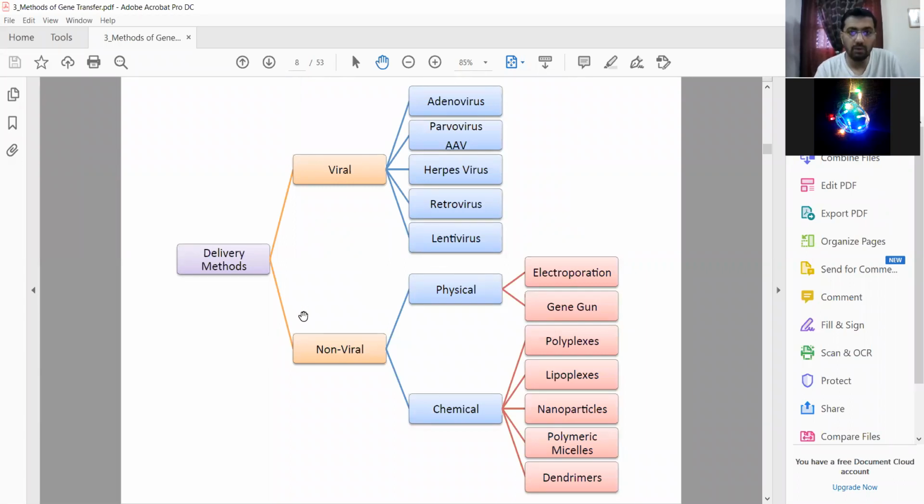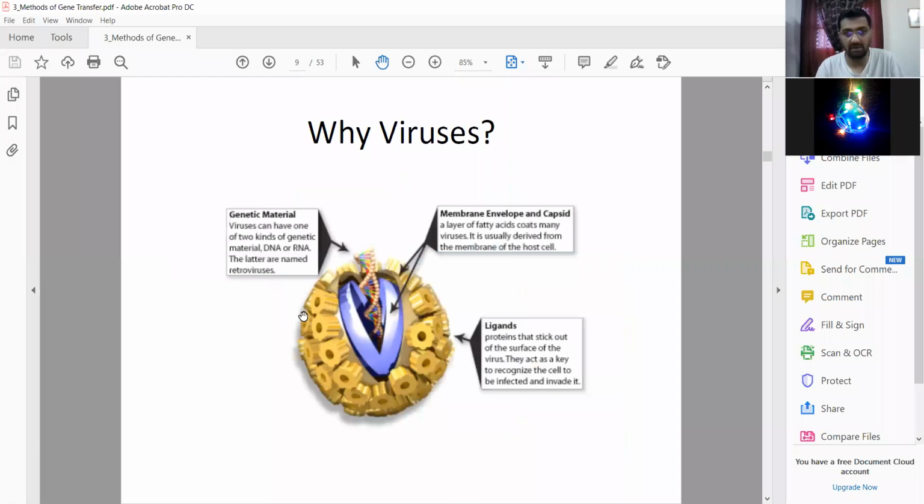So moving further, what viruses are. We all know it. These are non-living entities, but they can replicate and multiply within a living cell. They carry genetic material within themselves, which could be DNA or RNA, and they are named based on the genetic material they carry.